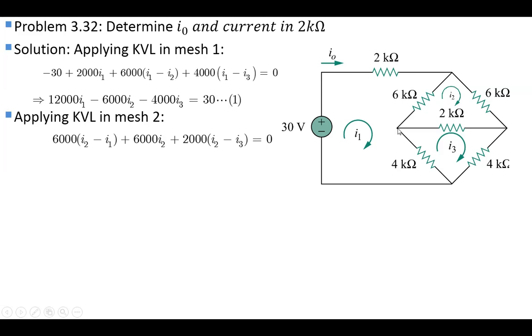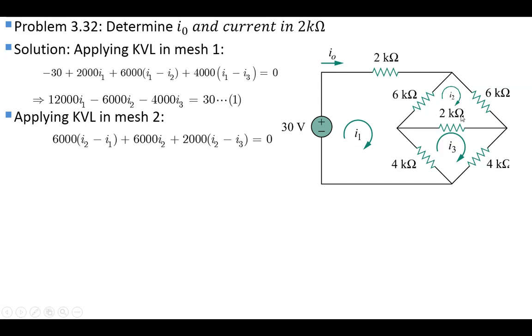We have encountered the 6 kilo ohm resistance. Again remember, we'll be traveling in the clockwise direction, from this point to this point, then this point and this point. This 6 kilo ohm resistance is common between the I1 and I2 meshes.